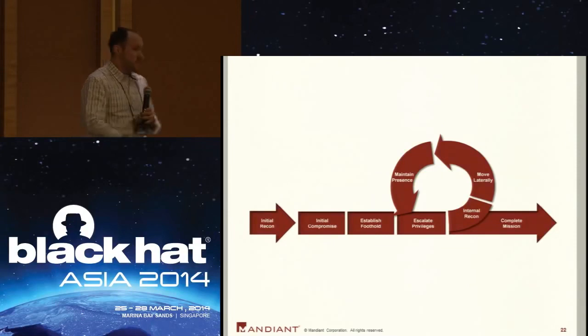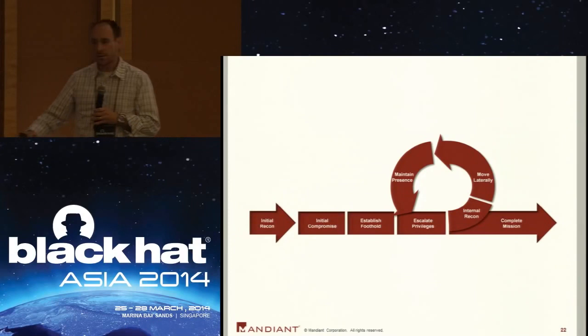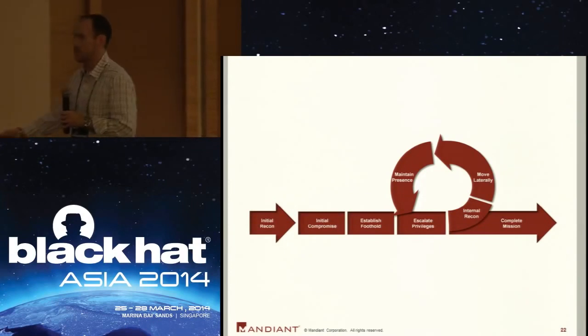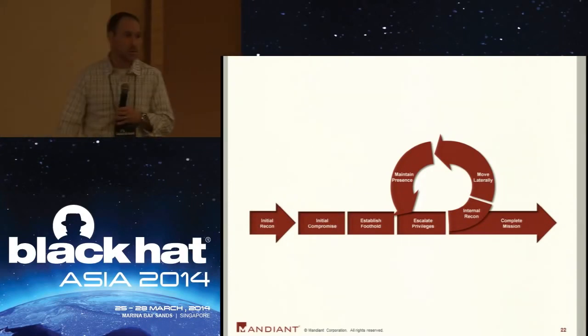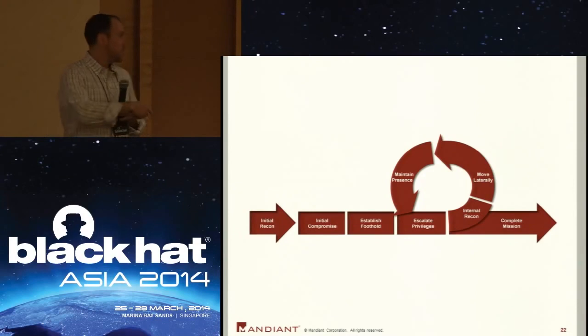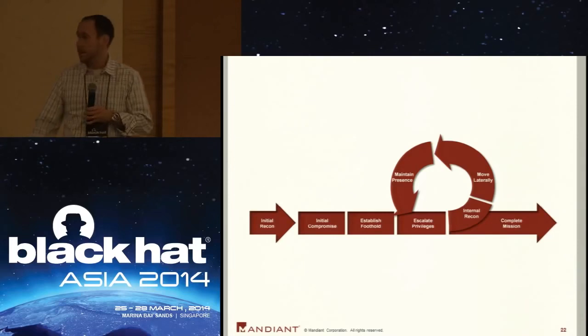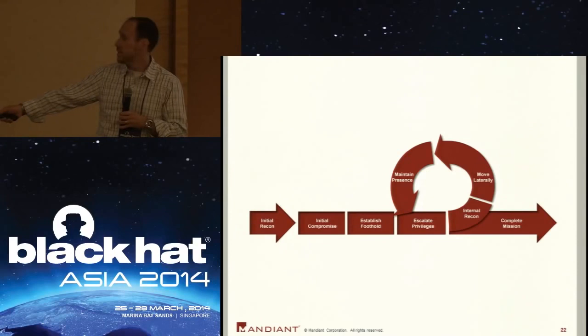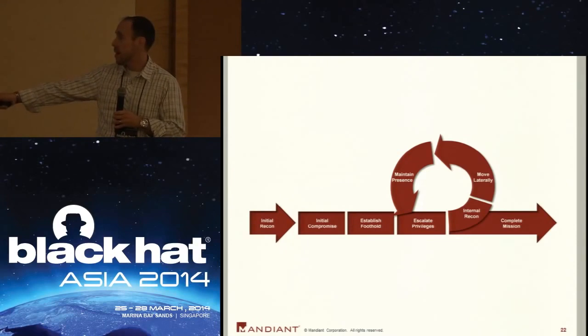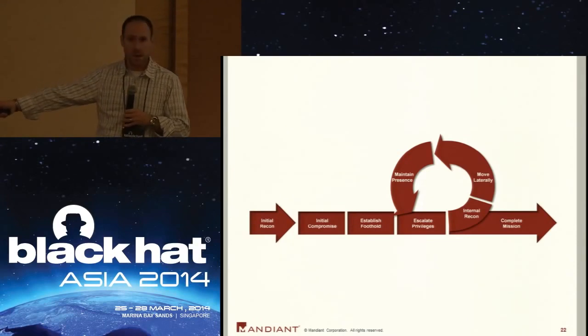And the reason this is important is, as I said earlier, all but the most simplistic targeted attackers are going to use legitimate credentials as part of an intrusion. So this on the screen here is a model that I use to explain the life cycle of a targeted intrusion. And the idea is that not every intrusion is going to have all these phases, but essentially there's an initial compromise that's preceded by some reconnaissance.